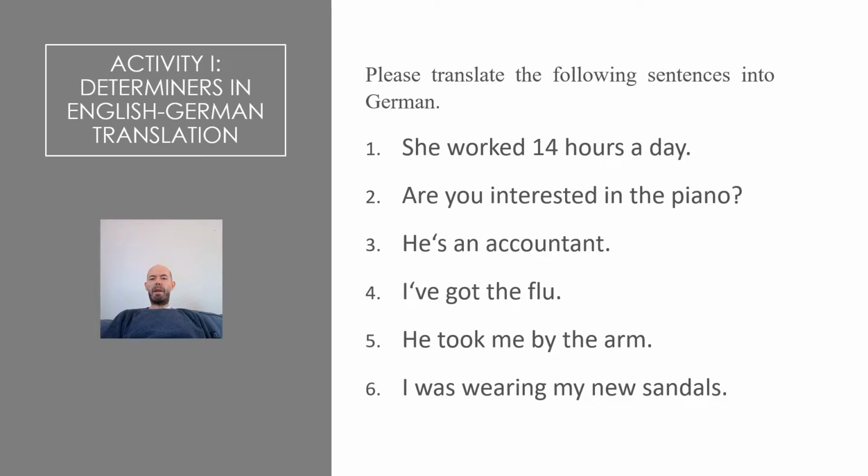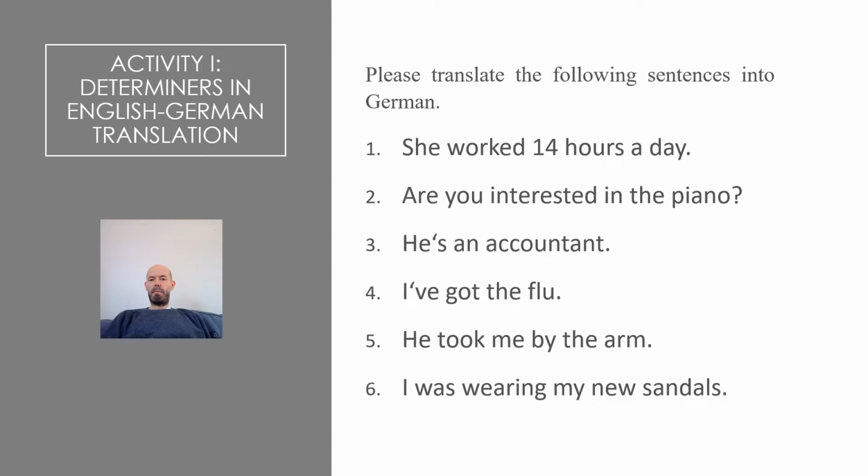He took me by the arm. That's another one that's rather complex, because if the body part comes straight after the verb, we'd use a possessive pronoun, a possessive determiner. He took me by the arm, but he shook my arm, for instance.